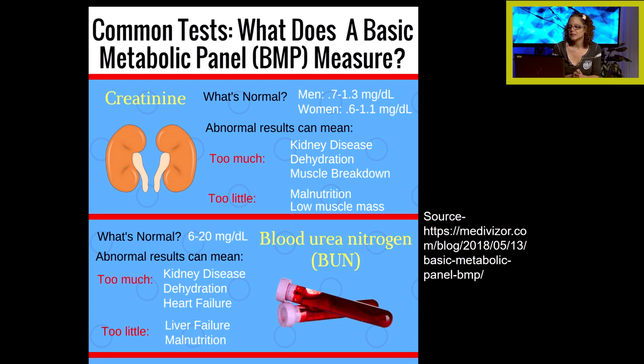Patients with kidney disease will also have increased creatinine levels. The BUN, or the blood urea nitrogen, these abnormal results can also mean kidney disease and dehydration as well. Too little can be an indication of liver failure or malnutrition.